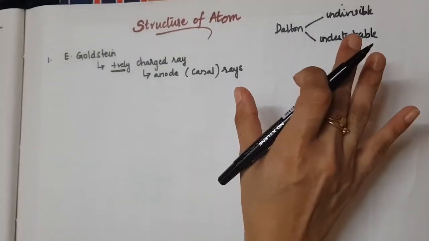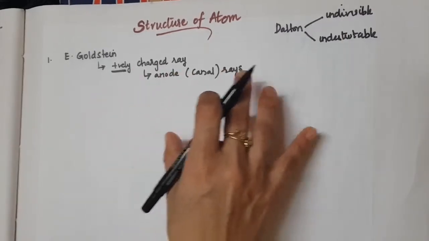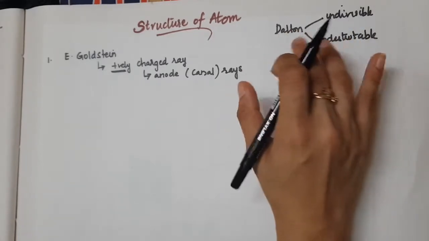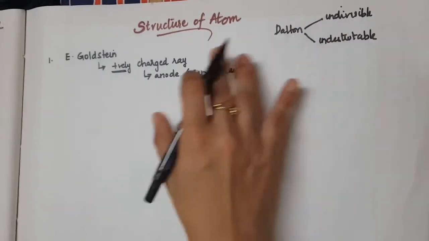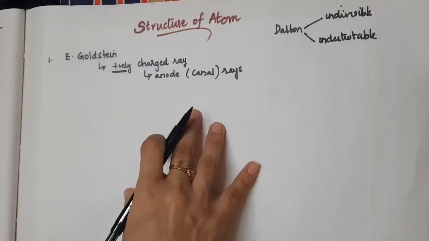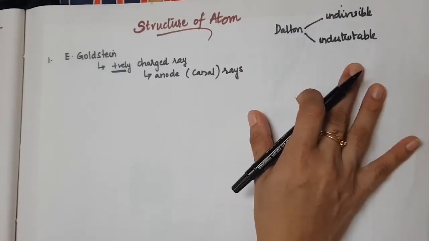But the discovery of positively charged rays in the perforated glass tube led to the failure of Dalton's atomic theory, because if atoms were indivisible, there wouldn't be any subatomic particles, that is, these positively charged rays wouldn't be found.